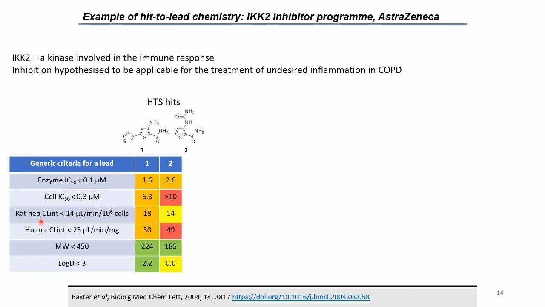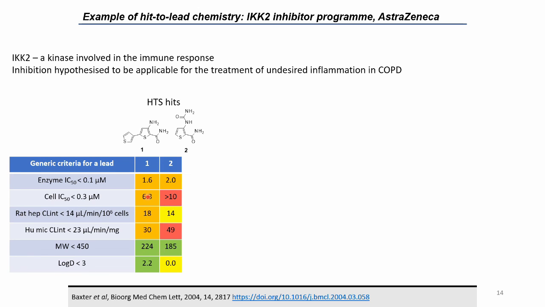They wanted rat hepatocyte clearance of less than 14 microliters per minute per million cells, and human microsome intrinsic clearance of less than 23 microliters per minute per milligram. They were looking for a reasonable molecular weight, so less than 450, and lipophilicity in terms of log D of less than 3.